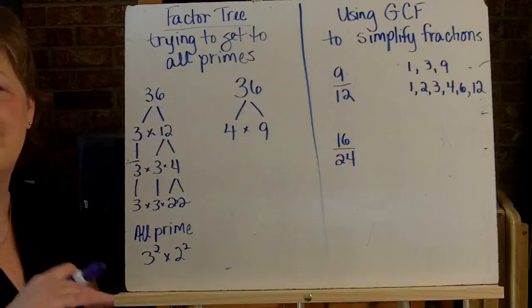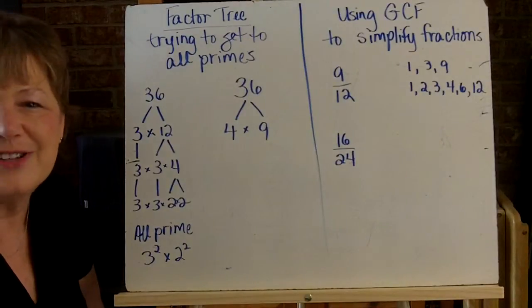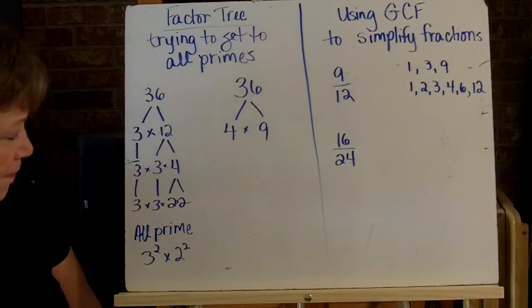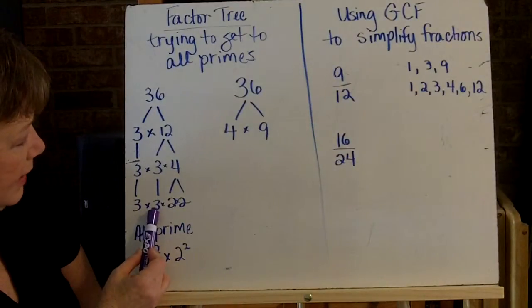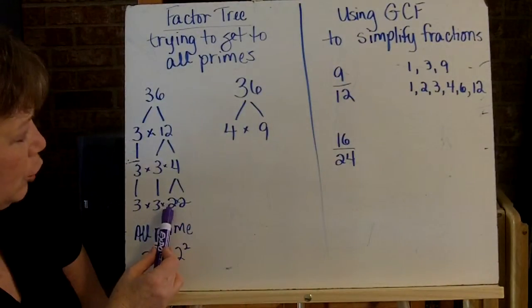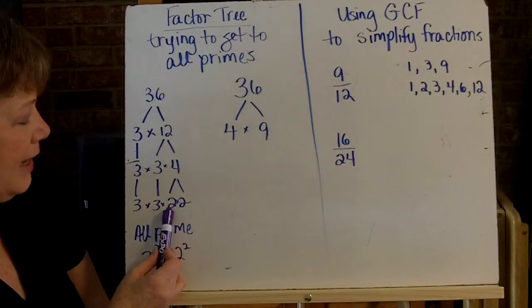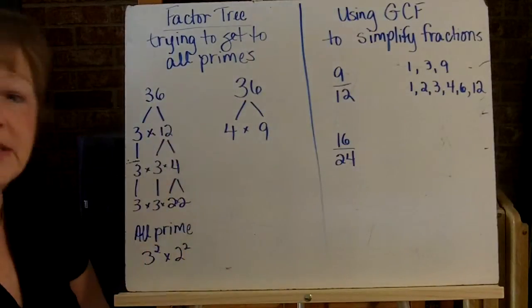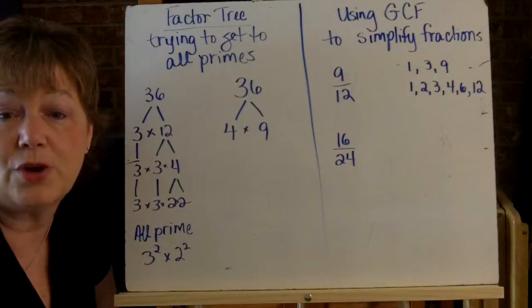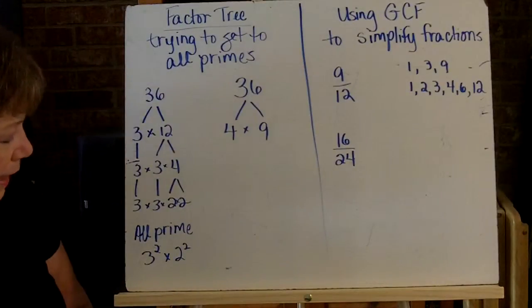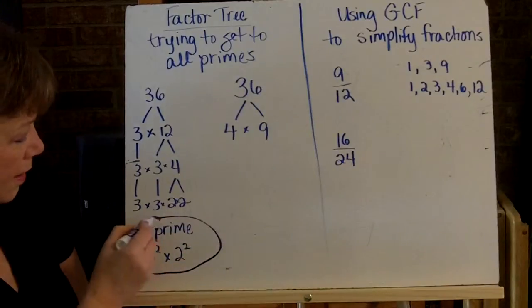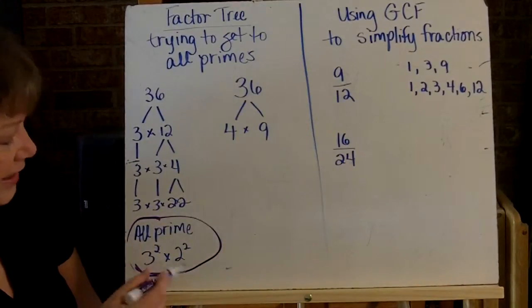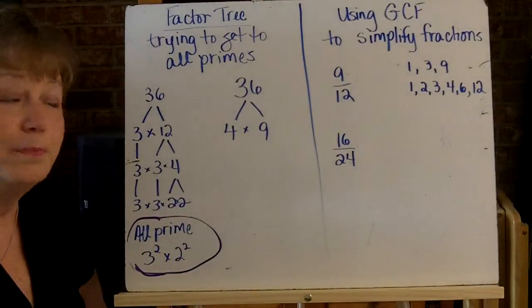So I know I'm at the very bottom of my tree, the base of my tree. And if I said 3 times 3, that would be 9. 9 times 2 is 18, and 18 times 2 is 36. I'm just double checking to make sure I didn't make a mistake. I can put these in the form of exponents here to get it in its most basic form.